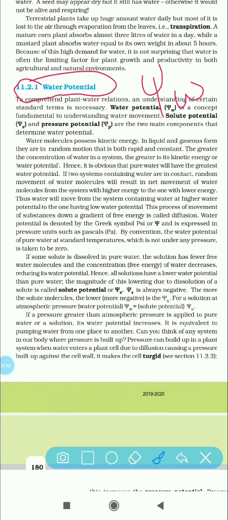Now to understand these things, you need to know that water molecules possess kinetic energy. For example, let's say there is a dam, and in that dam there is water, so that water has energy.